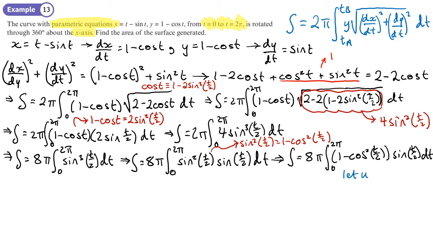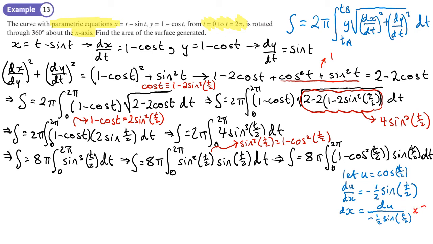We're going to let u equal cos t over 2, which means that du dt will be equal to negative a half sine t over 2, which means we can replace dt with du divided by negative a half sine t over 2. And actually dividing by negative a half is the same as multiplying by 2, so maybe when I move it I'll put times by negative 2 instead.